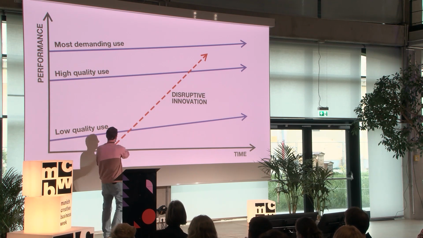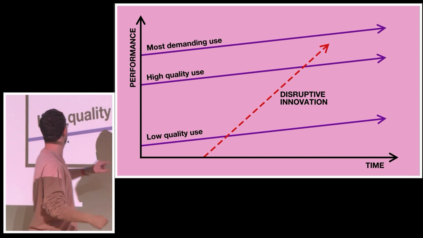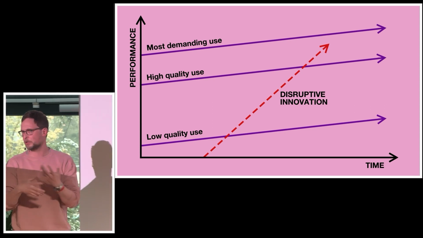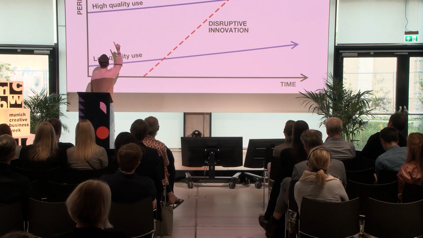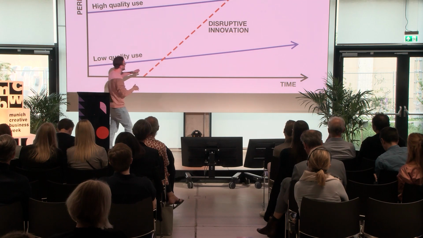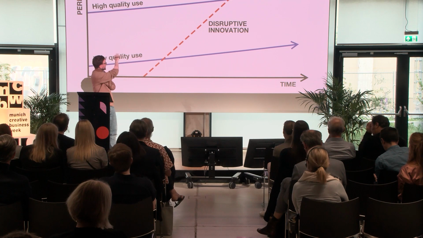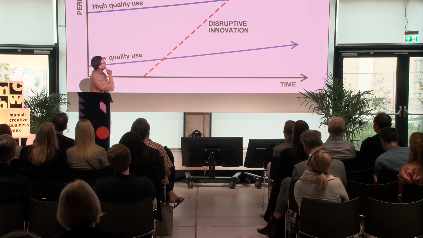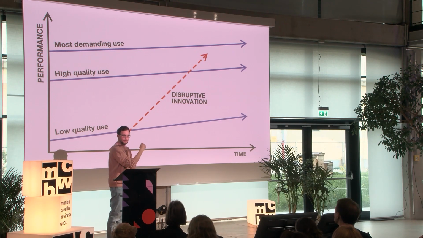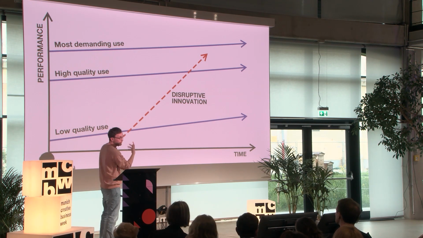And over time, this disruptive innovation gets better. And at some point, it's interesting for people that need only low-quality use because they say, well, it's free and I can use it, so that's interesting. And what happens then at the very top is that over time, it gets a little bit better and a little bit better. And these incumbent companies, they say, well, the one thing we should do is add yet another feature to our product so it stays competitive and stays better, and our very high demanding customers are still willing to pay for it.